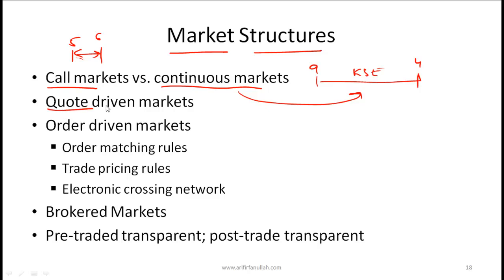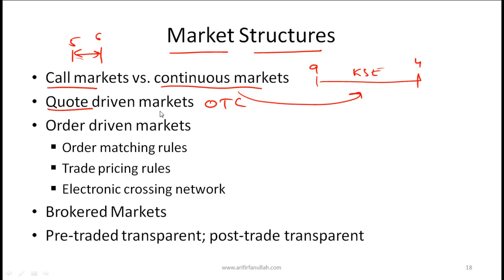Quote-driven markets, these are markets where traders transact with dealers who are called market makers, who post bid and ask prices. The dealers maintain inventory of securities. These markets are also called dealer markets or price-driven markets or over-the-counter markets.